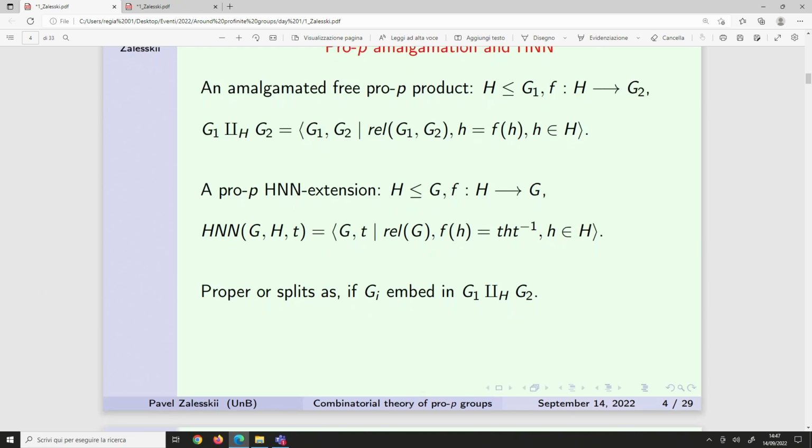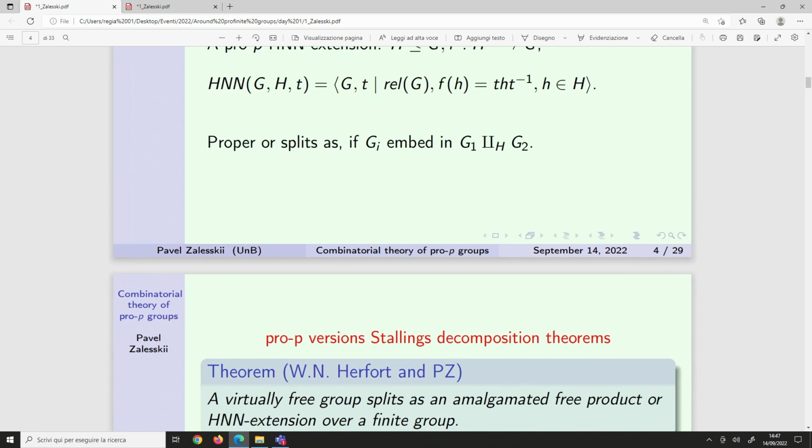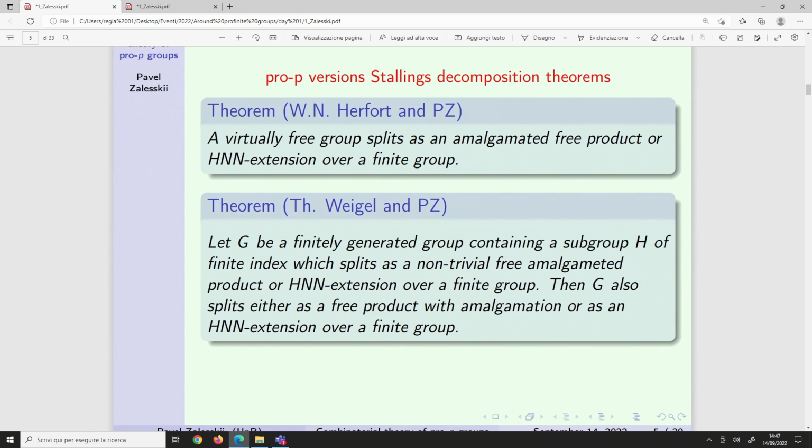After this, I can come to the Pro-P version of the Stallings theorems. The first theorem was proved by Wolfgang Herfort and Zalesskii, and it says exactly what is in the abstract case: a virtually free Pro-P group splits as an amalgamated free product or an HNN extension of a finite group. But this is now in the category of Pro-P groups.